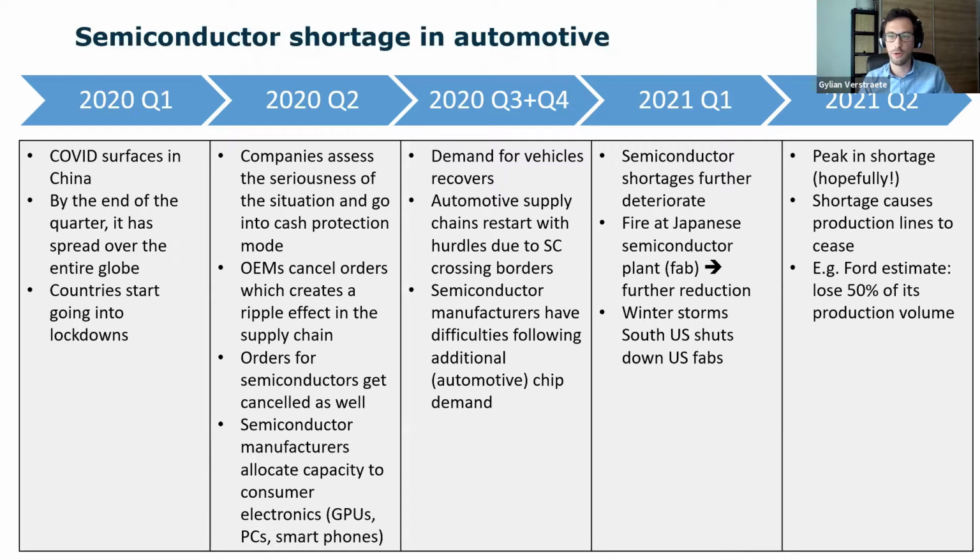There were even news articles, for example, that Ford had to cut 50% of its production volumes in Q2. That's a very drastic measure to take. I've also read a recent article that there are still production issues at Ford. So this shows that this shortage is certainly not over yet.